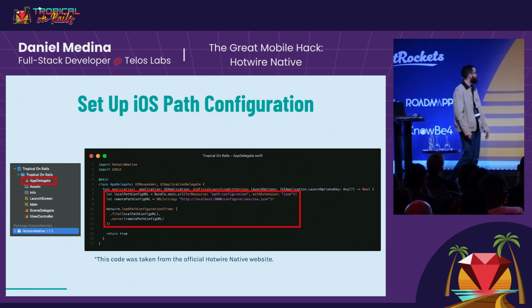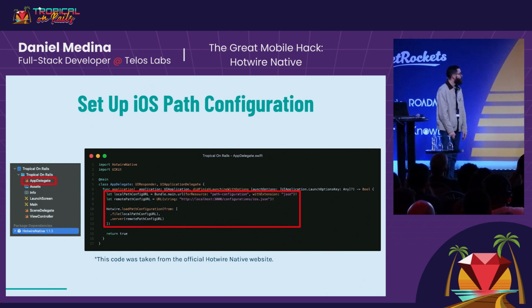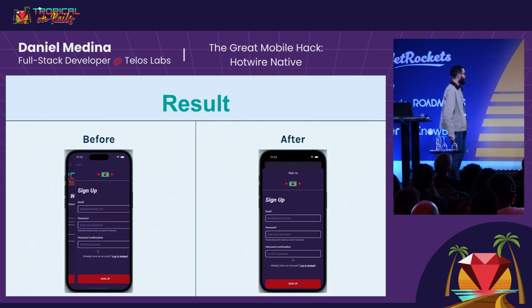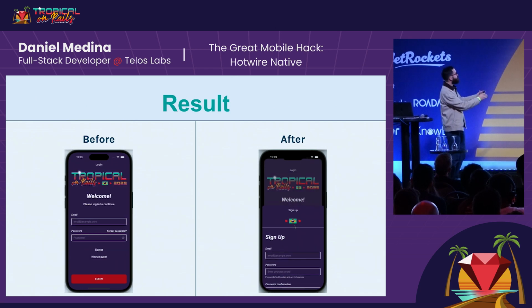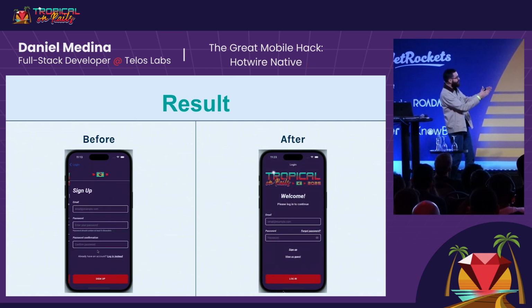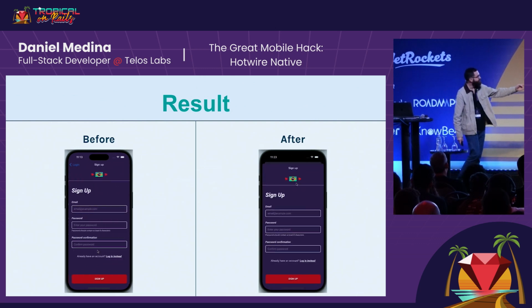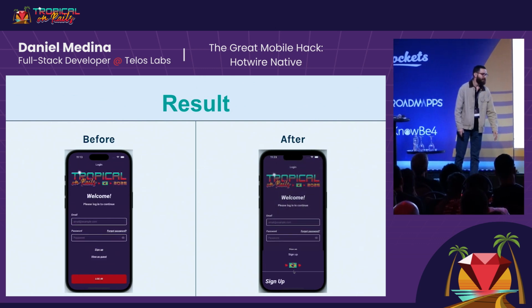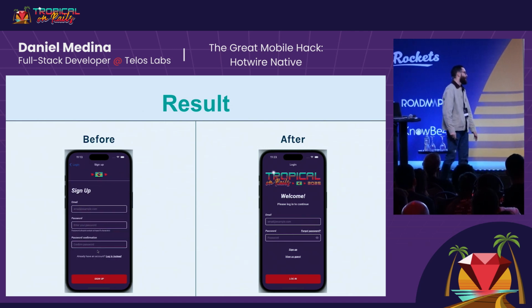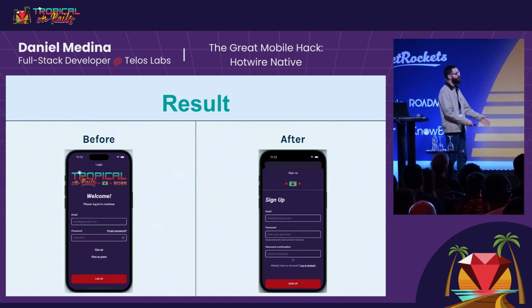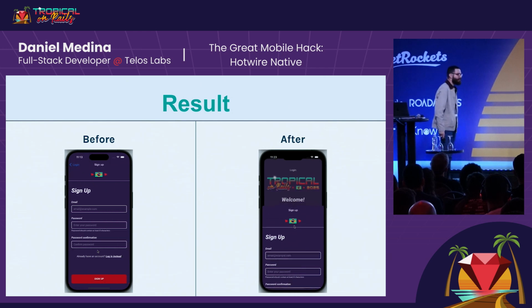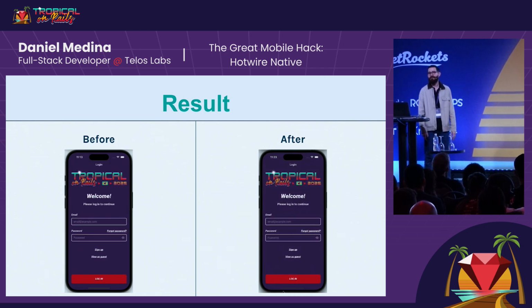Yeah, that's pretty much it with the path configuration. As we saw before, now we tell it that in the sign-up page, behave like a modal, and when I pull down, don't refresh the page. So yeah, that's the end result for this. Of course, I have to change many more views, not just this one, but this is a very clear example of it.